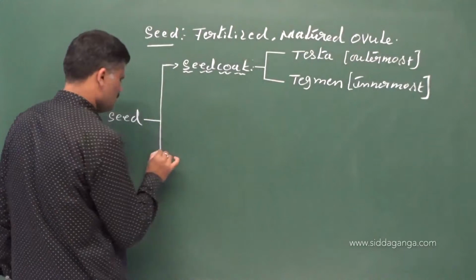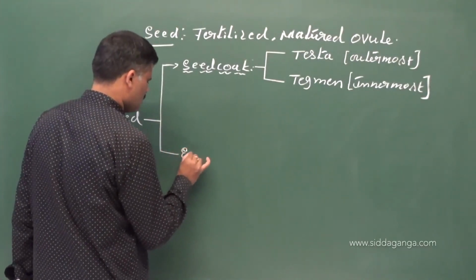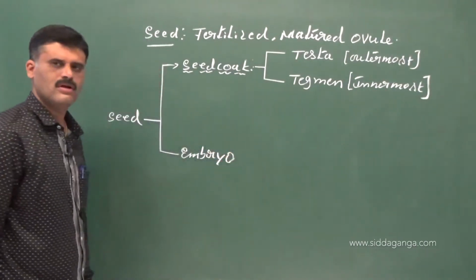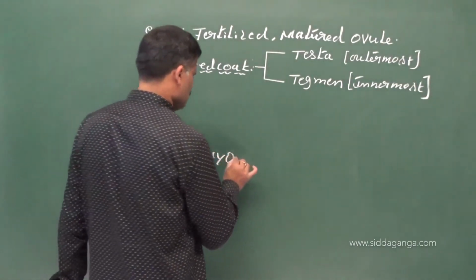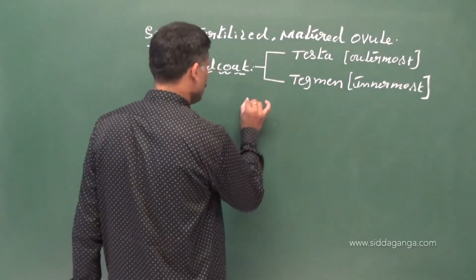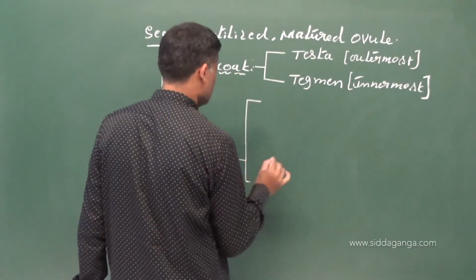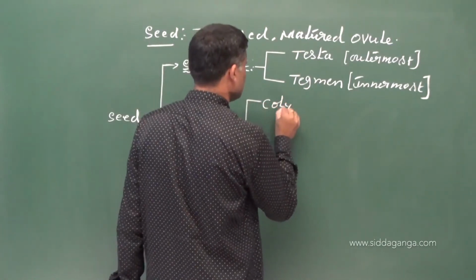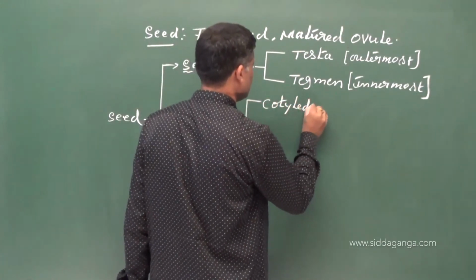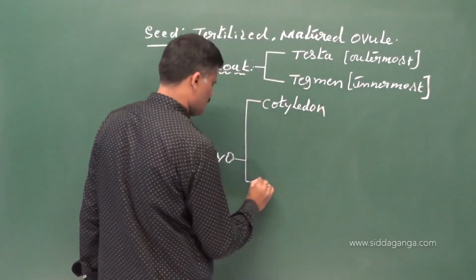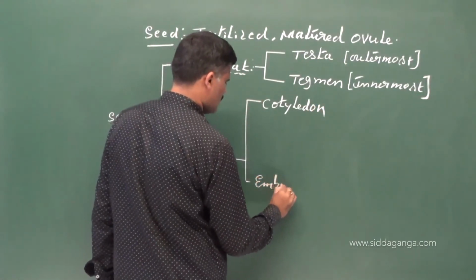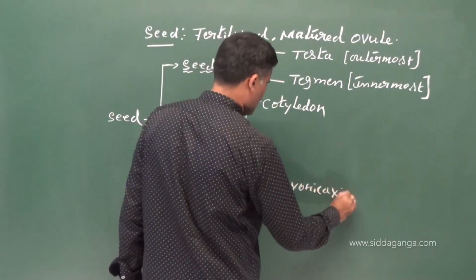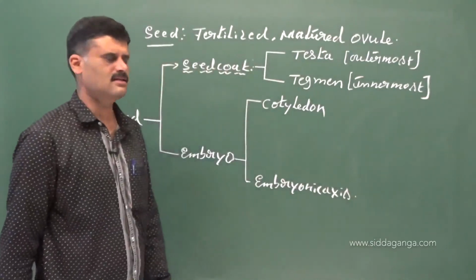Next, the embryo. The embryo is divided into two parts, that is cotyledons and embryonic axis, right?